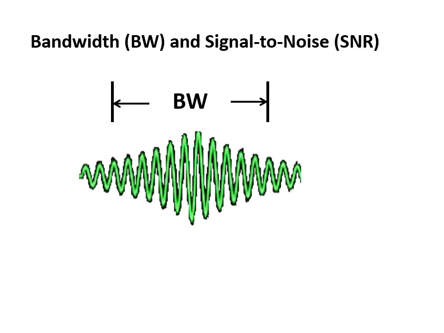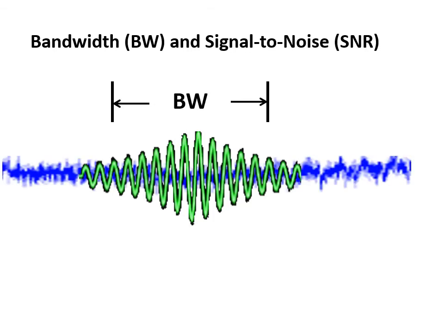So most of the signal coming from the tissue is, again, centered around the middle, around the center frequency, but the noise is distributed relatively equally everywhere. So towards the edges, we get diminishing signal, but constant noise.